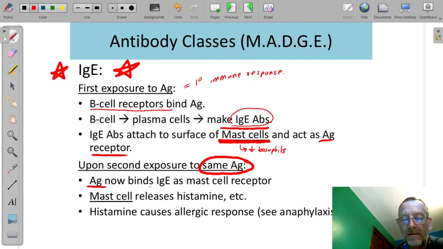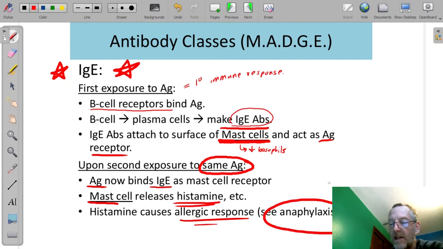In addition to B cells, the antigen will find the IgE on the mast cells, bind to those, and that stimulates the mast cells to release histamine. And then histamine causes the allergic response of anaphylaxis. And that's what I really want you to understand and appreciate. It can be a life-threatening condition.